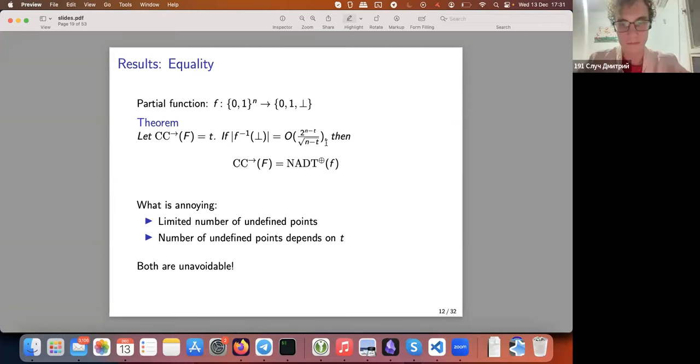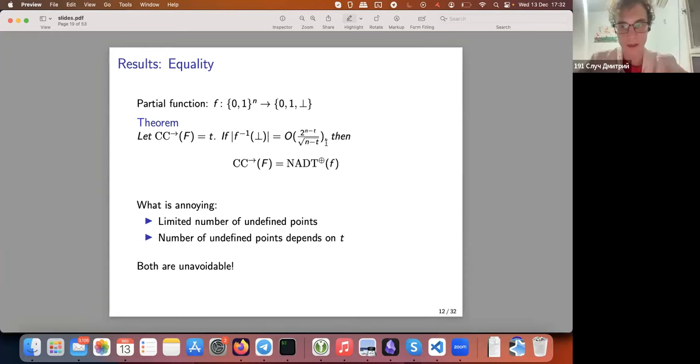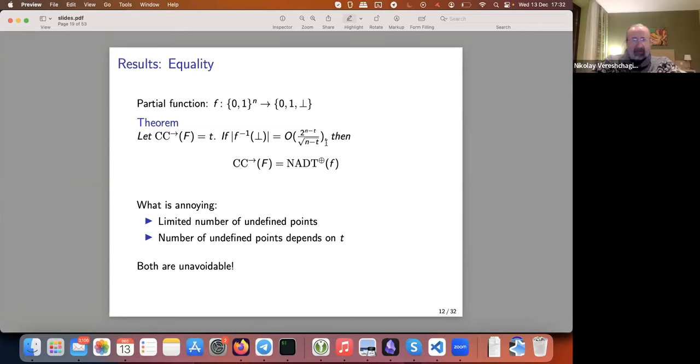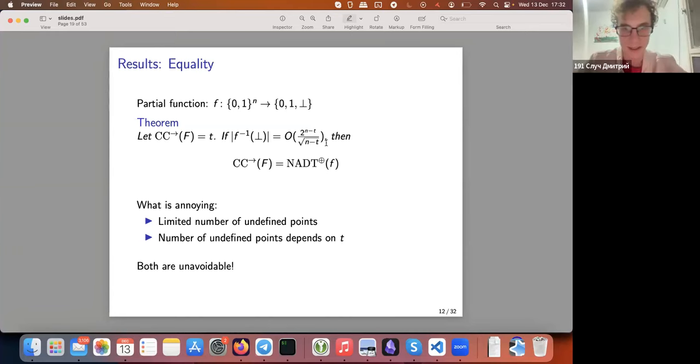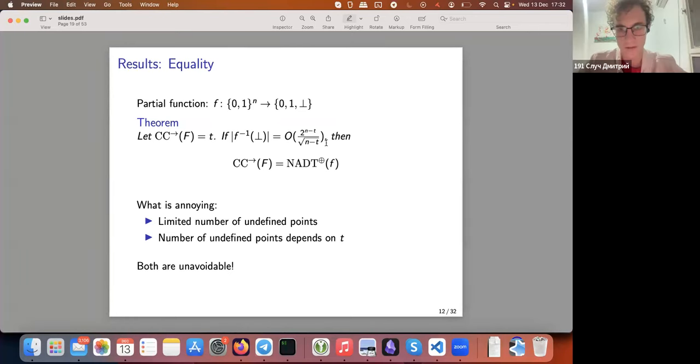So if t is large, for example n, then the function must be almost total. For exactly n, it's a corner case for which equality holds, but for t equal to n minus 2, that's a lot of undefined points. And that's a lot of points where the function is defined and equality already doesn't hold.